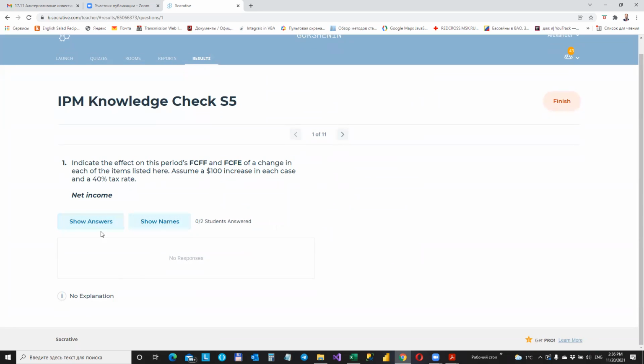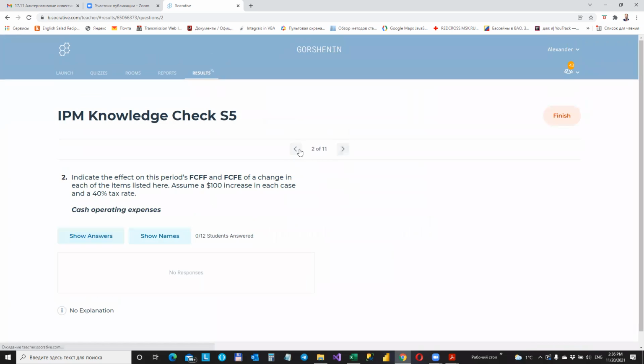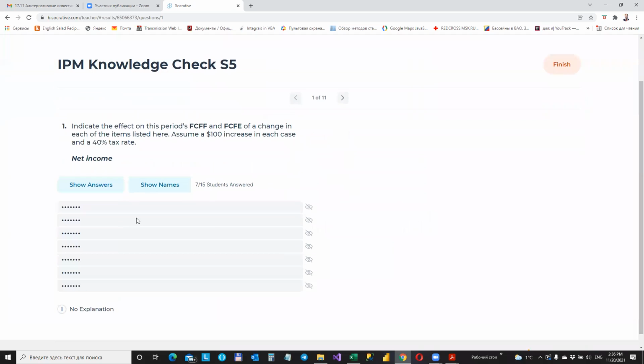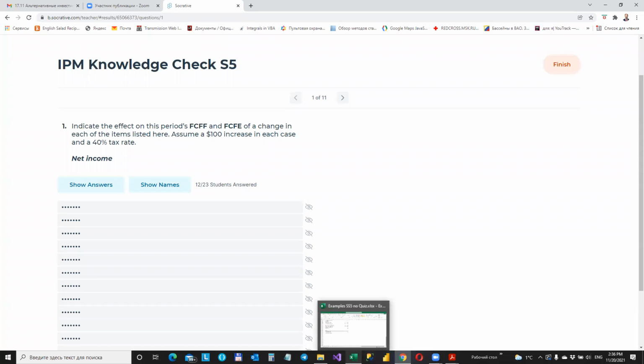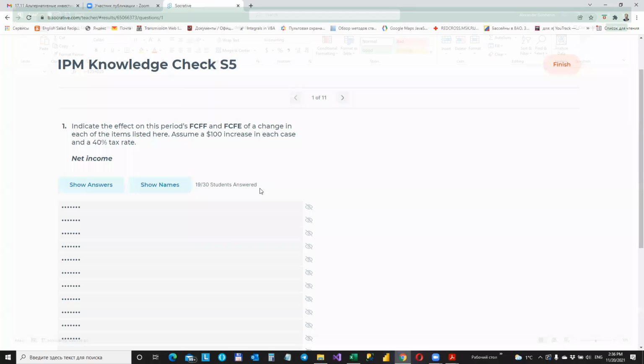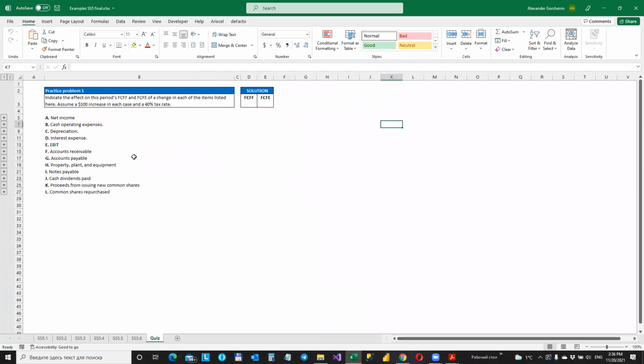Can you put something here just to check? It's not efficient here. Okay, I will use simultaneously two sources to give your correct answer. So we have both the Excel spreadsheet and the Socrative.